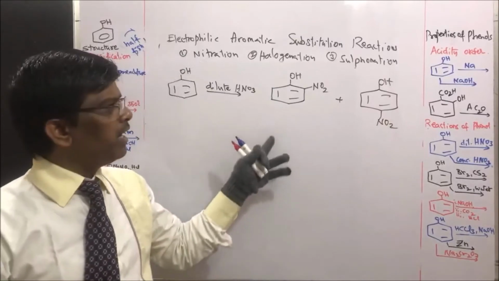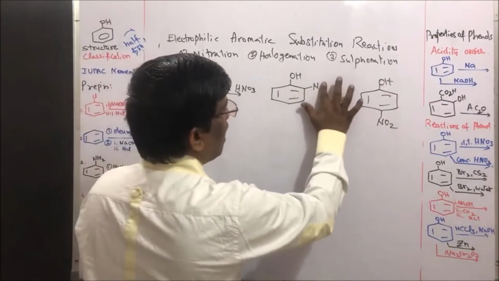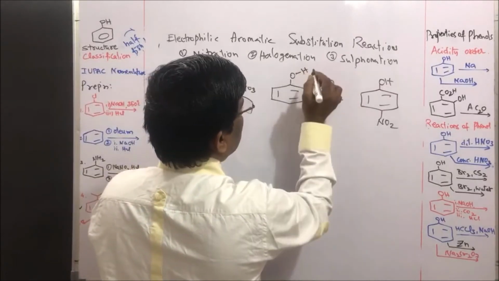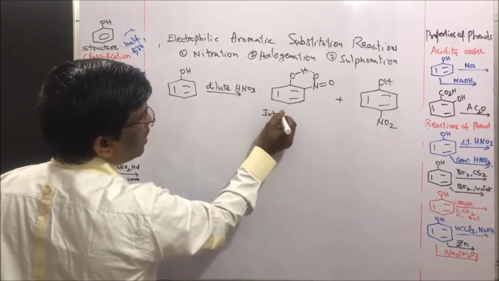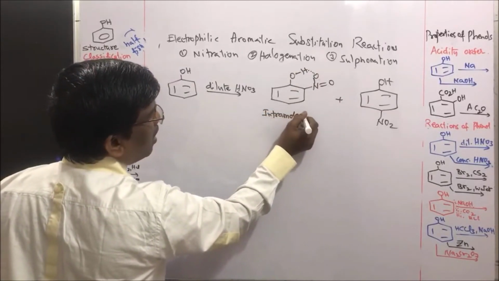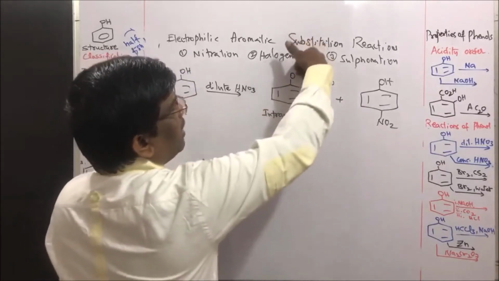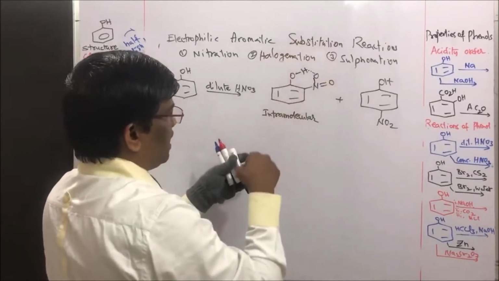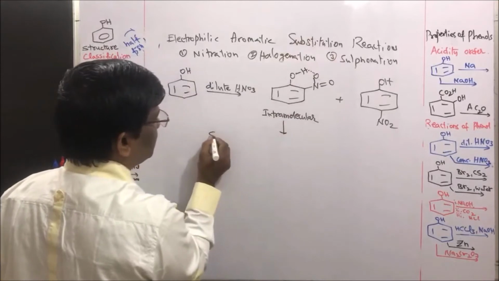Then how to separate these two compounds? It is very simple, students. Since it is the ortho compound, it is going to have intramolecular hydrogen bonding. So this hydrogen bonding works like a jig or hook like this and it can be separated by steam distillation.